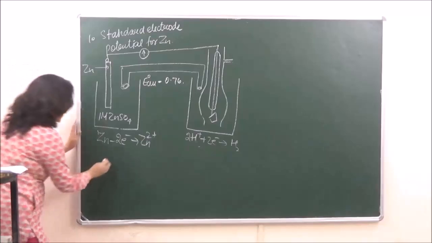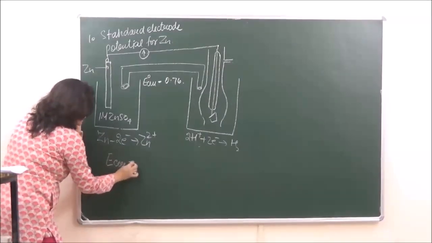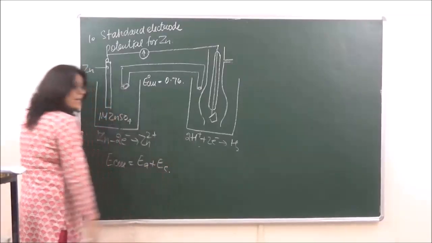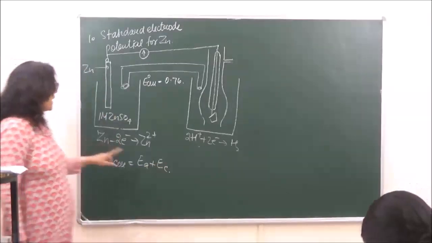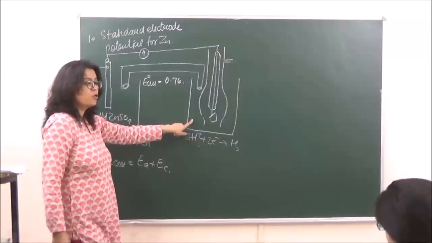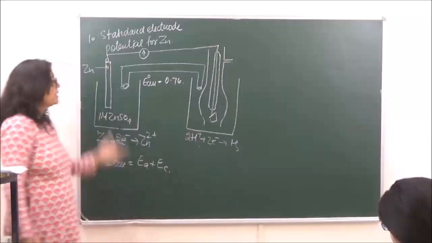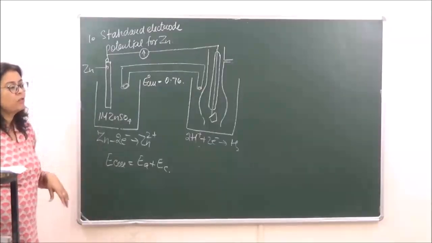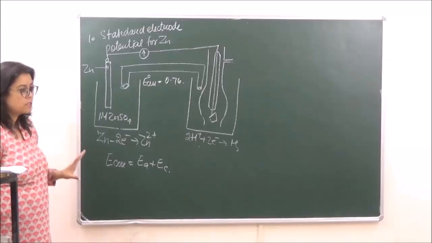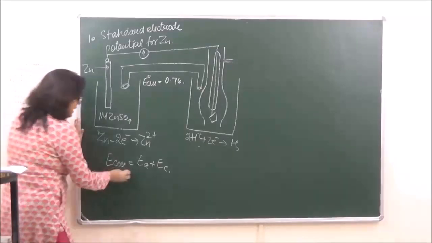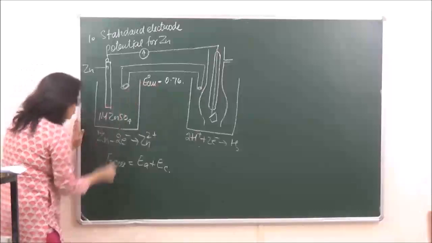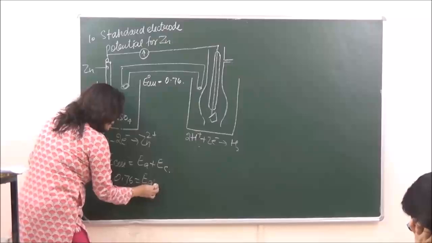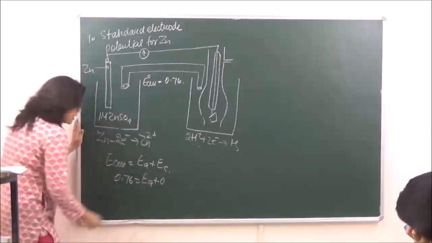Okay, so we know that E cell is equal to E anode plus E cathode. E cathode over here is taken to be 0. As a standard electrode potential, the value of electrode potential for hydrogen is always taken to be 0 volts. So over here we have E cell, the reading, as 0.76. So 0.76 equals E anode plus 0.